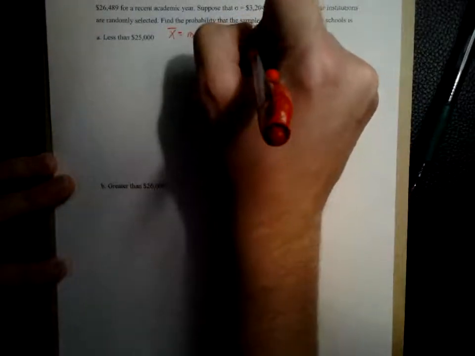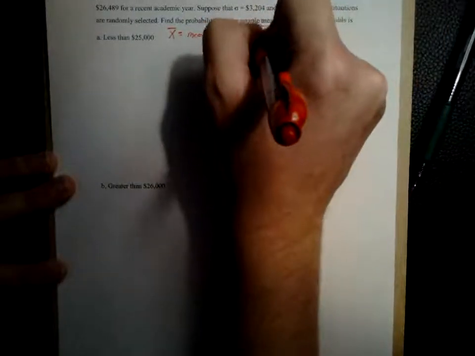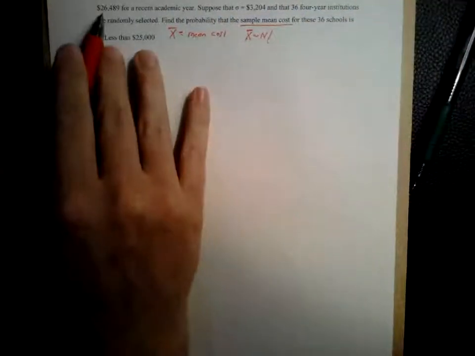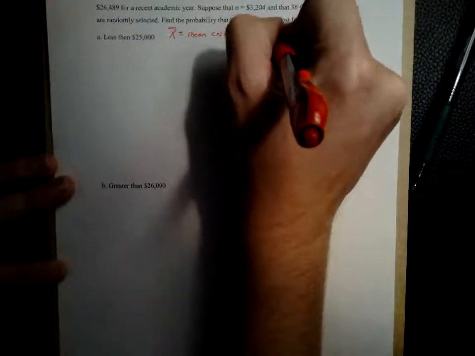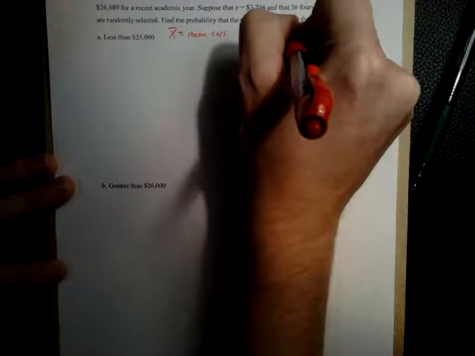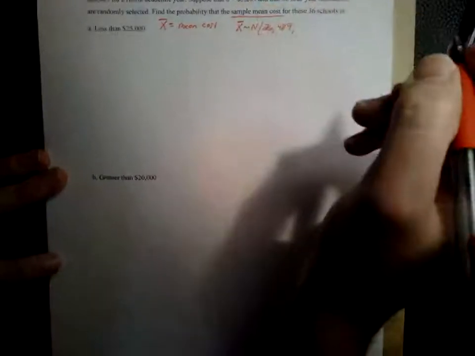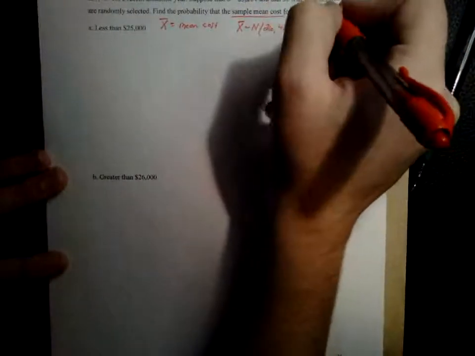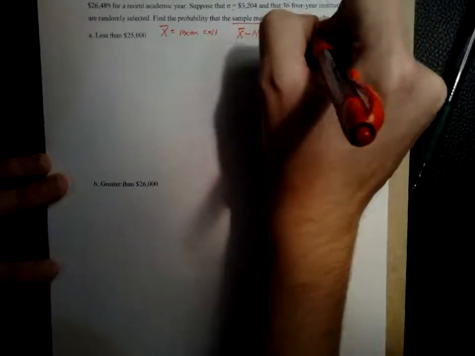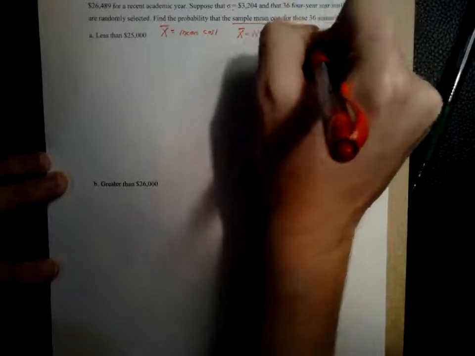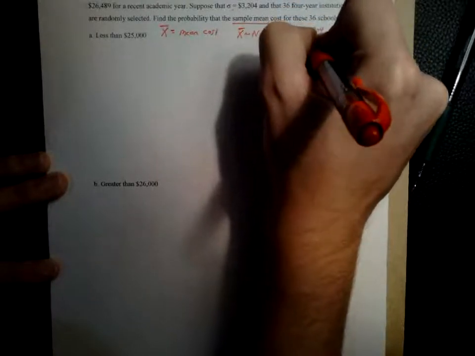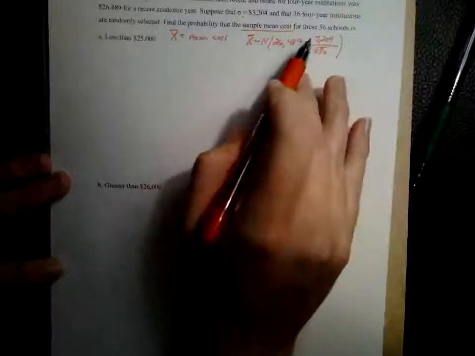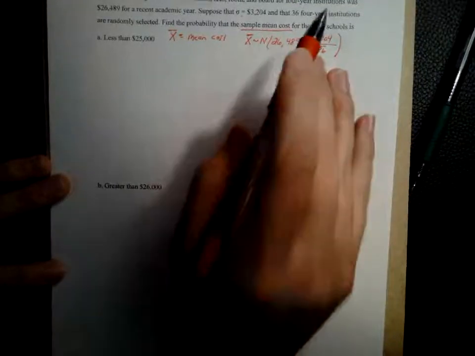Then we can say the distribution of the sample means is approximately normal with the same mean as x has, which is 26,489. But the standard deviation is equal to sigma over the square root of n. So that would be 3,204 divided by the square root of n, which was 36 because we sampled 36 schools.